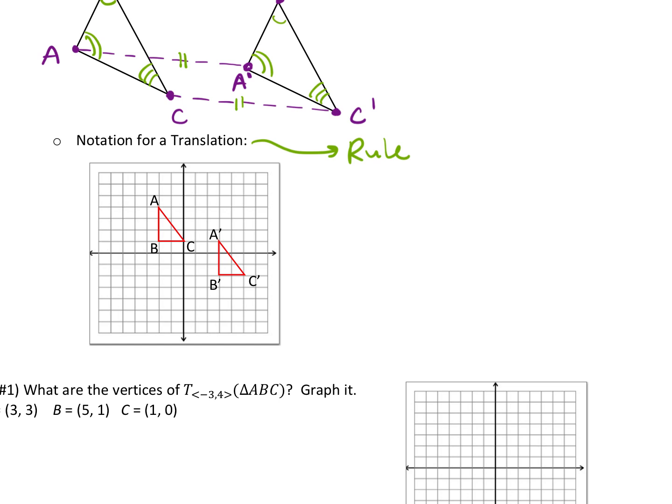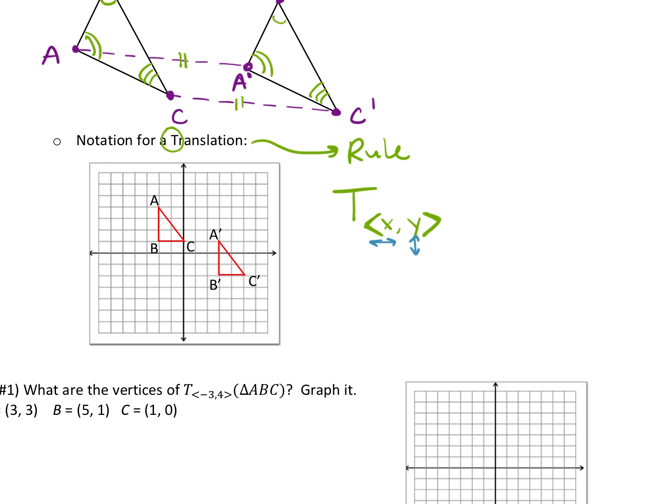They all start with a capital letter followed by whatever you do with that, okay? So a translation, any guesses what the capital letter that's going to represent a translation is going to be? T. T for translation. Okay, so a translation is going to look like this. A translation of, and then there's going to be these brackets, and it is however far you move on your X and however far you move on your Y. X is horizontal, so this will be left and right.